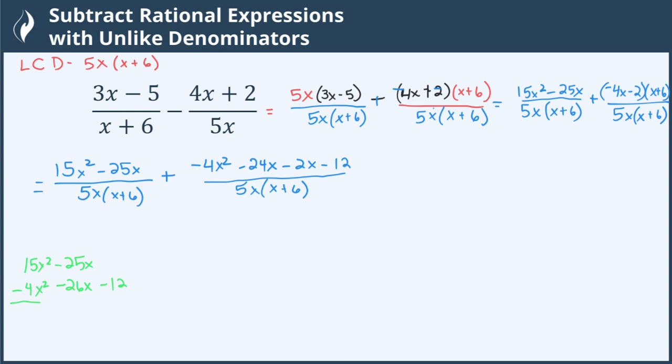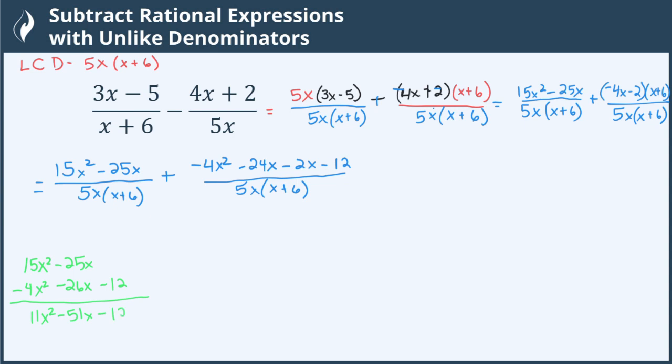Okay, so then we're going to come straight down. 15x squared minus 4x squared leaves me with 11x squared. Negative 25x and a negative 26x leaves me with a negative 51x, and the negative 12 comes straight down.